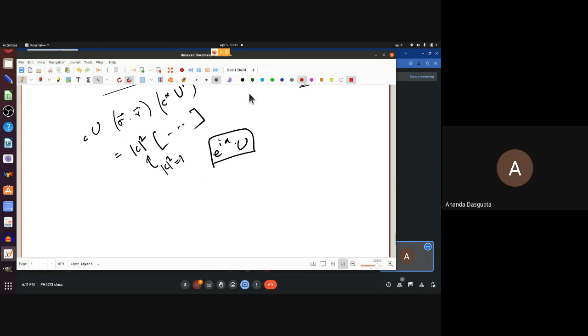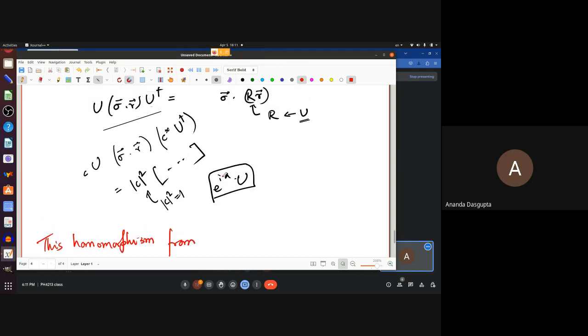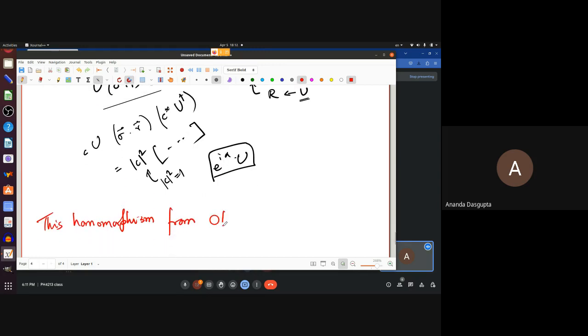So this homomorphism from U2 to SO3 is definitely not an isomorphism. It's an infinity-to-1 map.